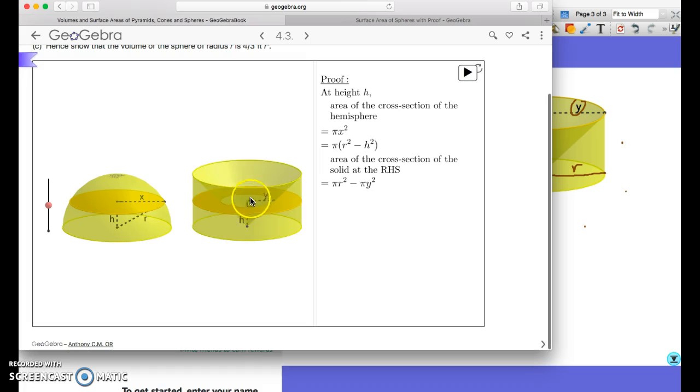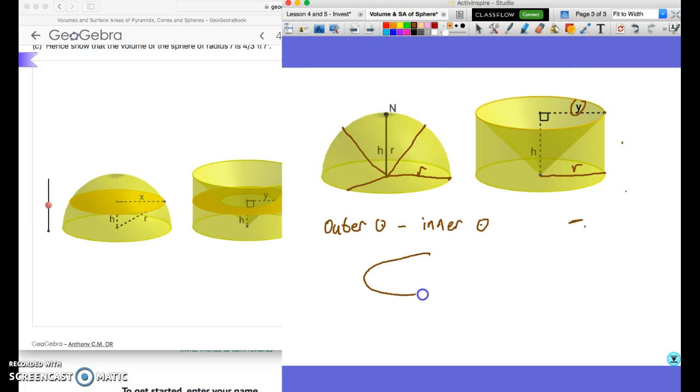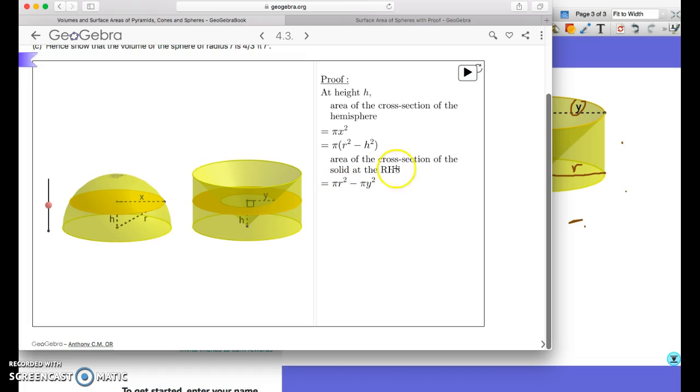The radius of the inner circle is y, and that's why we're using pi times y squared. If you take the outer circle having the radius of r and subtract the inner circle having the radius of y, you get the area of this ring. Okay, so that's what this represents over here.